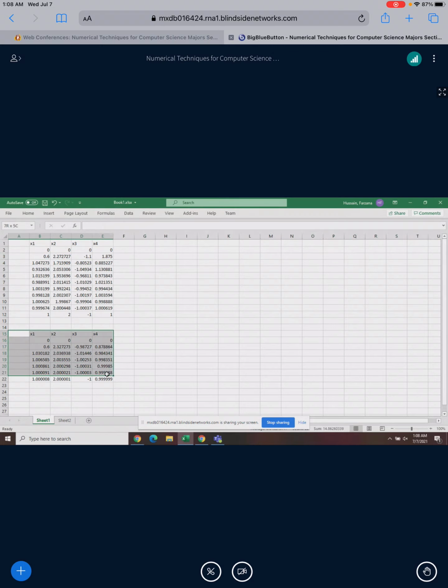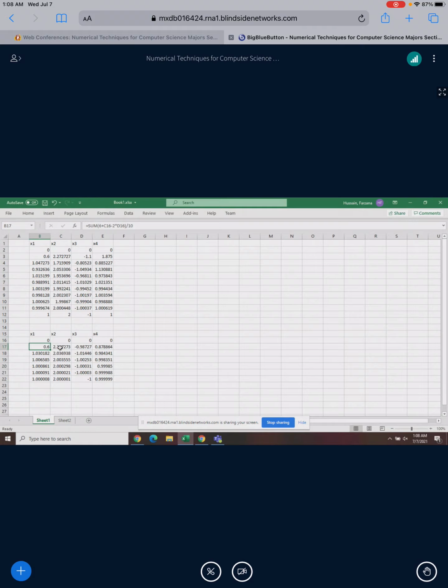This one is the Gauss Seidal method, which is the new method. We are still starting with the same x1, x2, x3, x4 zeros. Then in the second step, when I am calculating x1, I am using all the previous values, right?